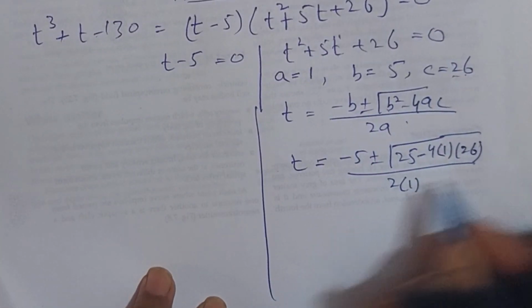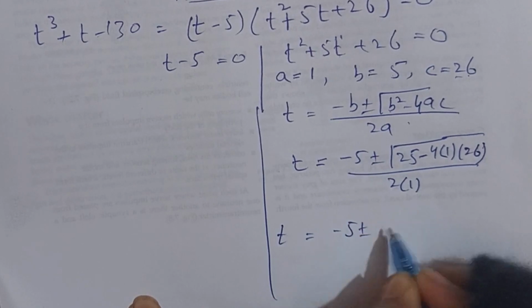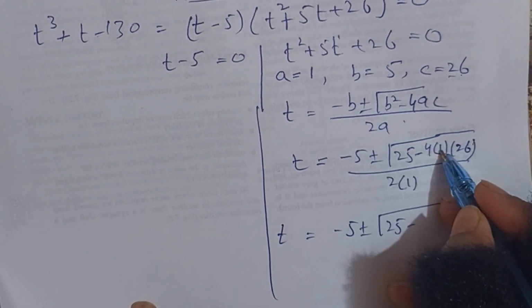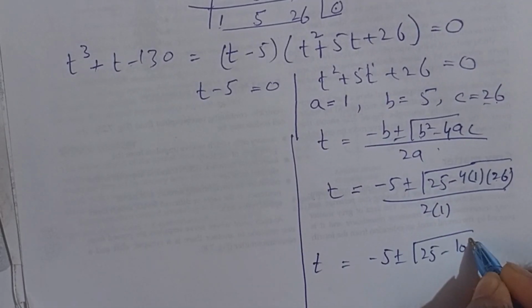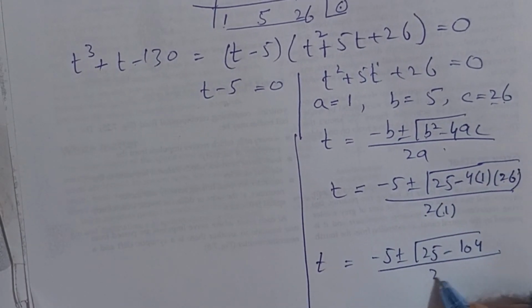So now we simplify this value. This is our t is equal to minus 5 plus minus square root of 25 minus 4 ones are 4, and 4 multiplied by 26 is 104, over 2 multiply 1 is 2.